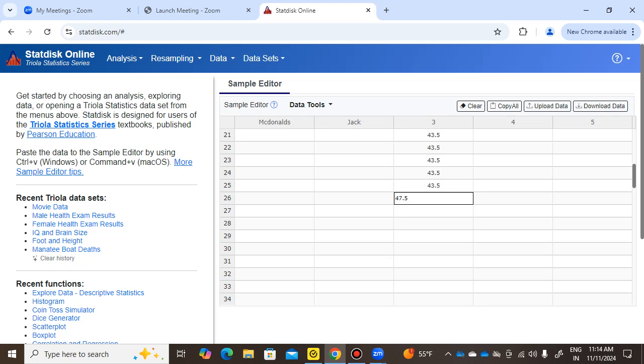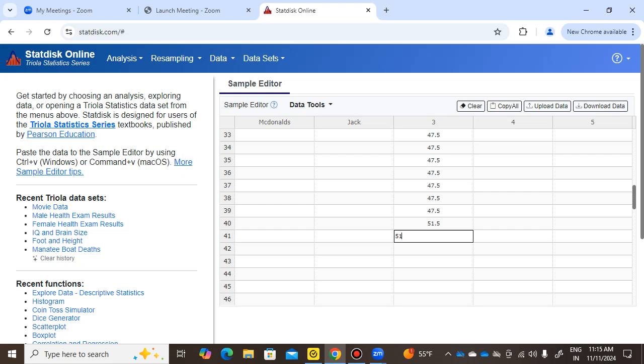47.5. I'll just go halfway through in this one. 1, 2, 3, 4, 5, 6, 7, and then just copy and paste it once. Make sure you don't copy accidentally the 43.5 there. And we're at 39, which makes sense. 14 and 25. Then 51.5.